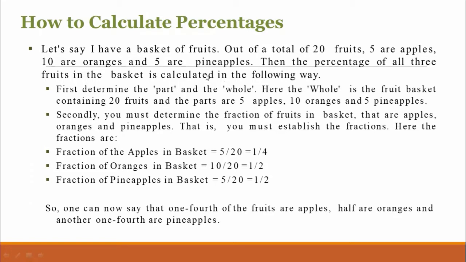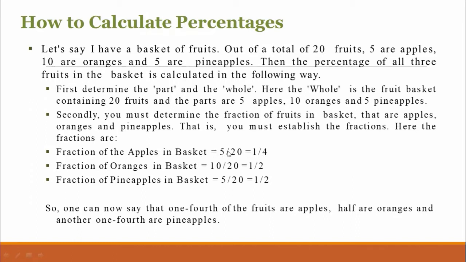First of all, point out in the problem the total and the part. Then, secondly, you must determine the fraction of fruit in the basket that are apples, oranges, and pineapples. That is, you must establish the fraction. The fraction for apple is 5 by 20, where 5 is the part and 20 is the whole total. The fraction for orange is 10 by 20. The fraction for apples, 5 by 20, is 1 over 4 in its simplest form.